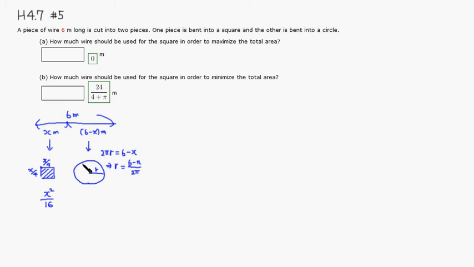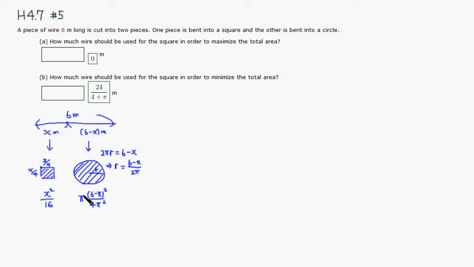The area we want to find is the area of the circle, which would be pi r squared. So it's going to be pi times (6 minus x) quantity squared over 2 squared, which is 4, times pi squared.